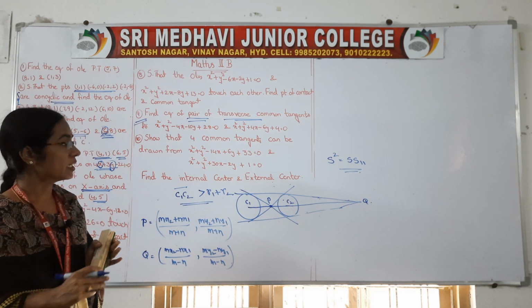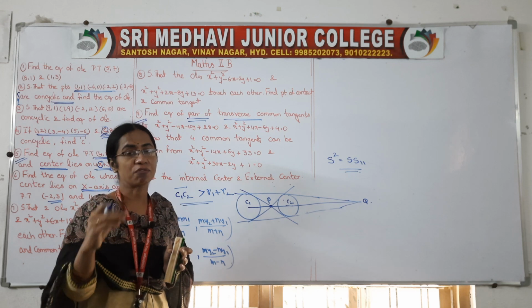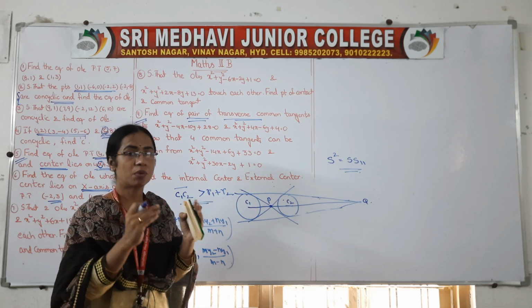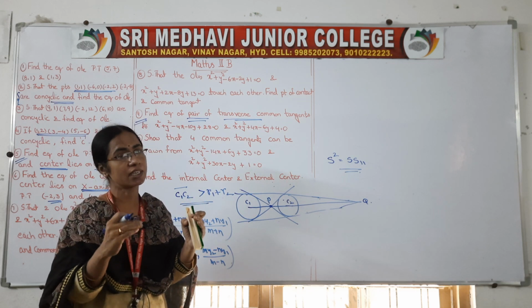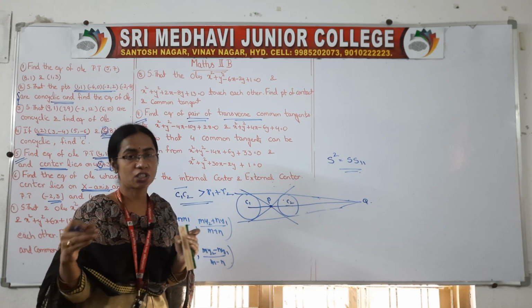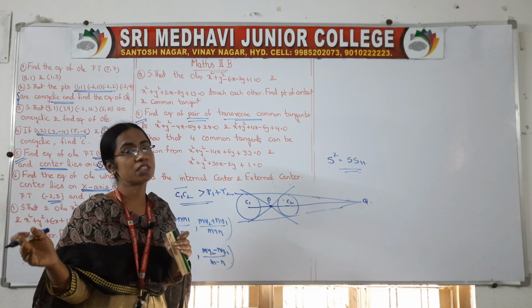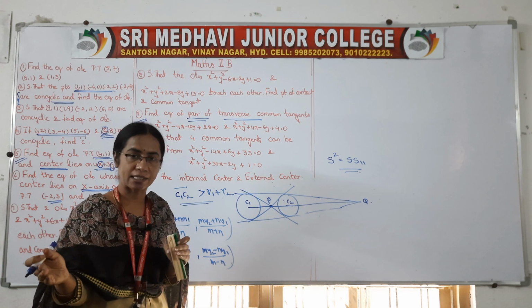Okay, so you can remember the problem like this. Don't learn by heart each and every step. In this problem, this is the condition. If this is the condition, then two circles touch each other. If this is the condition, two circles will be away from each other. If they are away from each other, two pairs of common tangents are there.